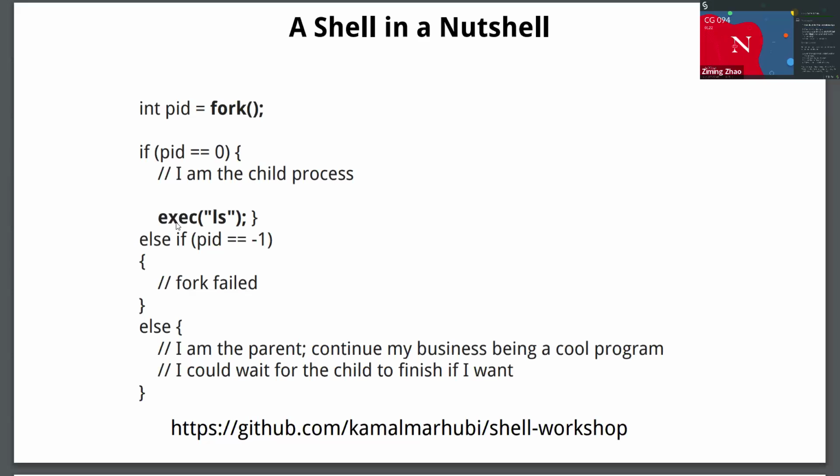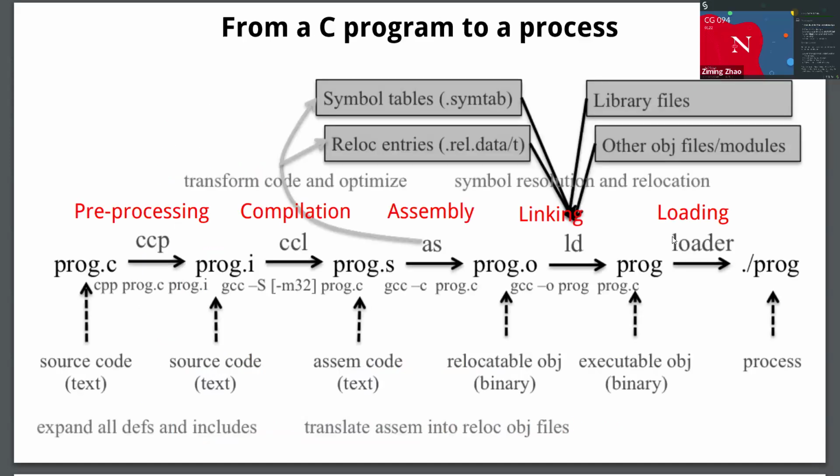They will load a program from the hard disk and replace the current process with the image of that program. The current process, before you make that system call, is still a shell process. Then the shell process will be replaced with your ls program, while the parent stays as the shell. So that basically explains this step.